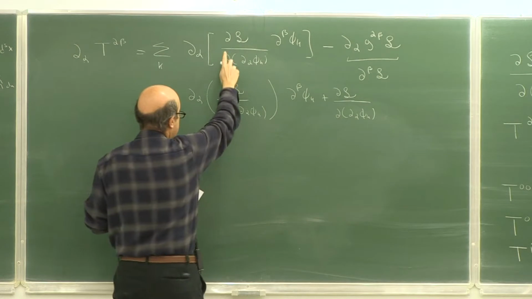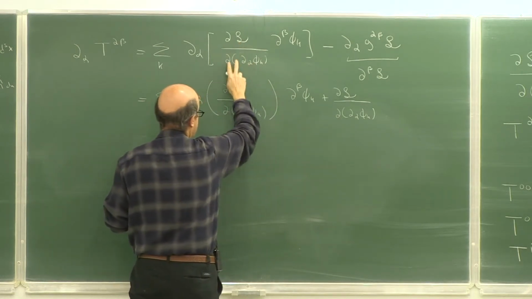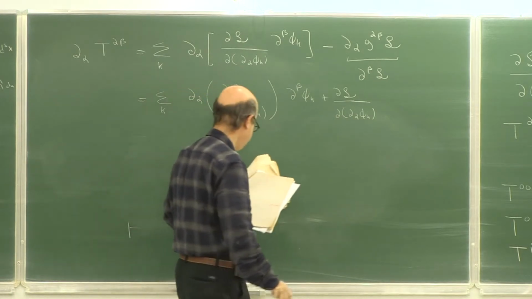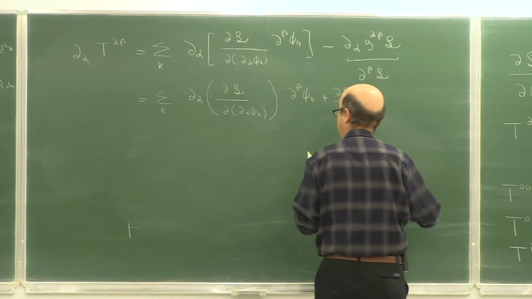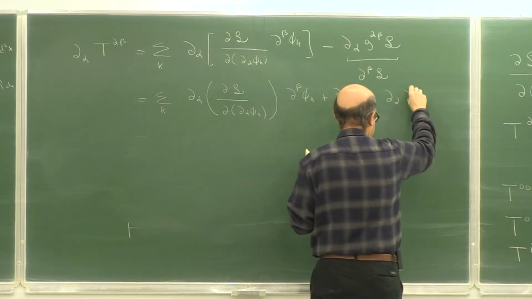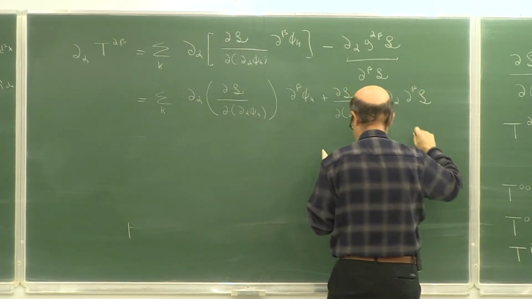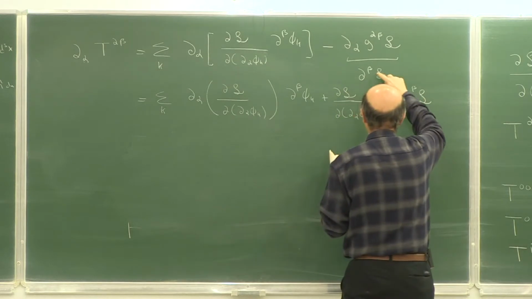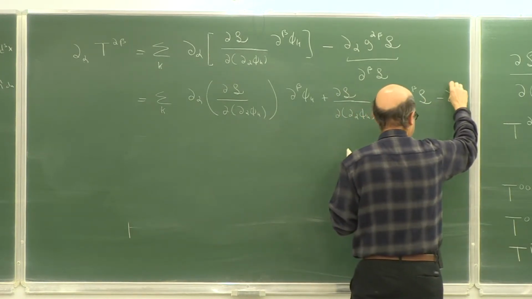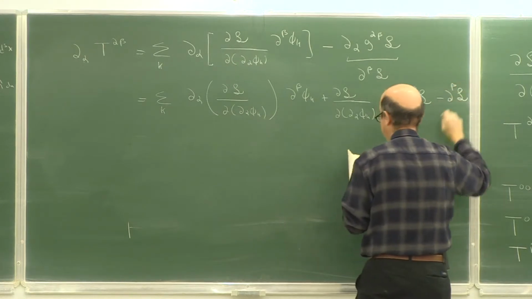So now this is free, del Lagrangian over del alpha phi k, and the derivative is acting, del alpha del beta phi k, and the final term is del beta Lagrangian density.